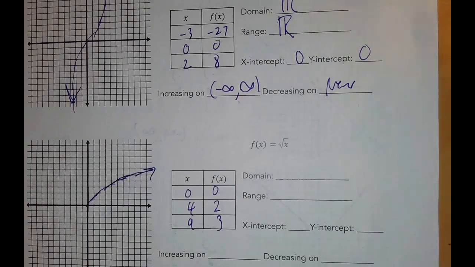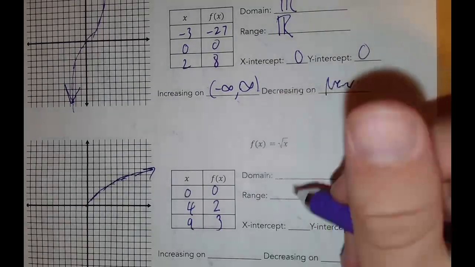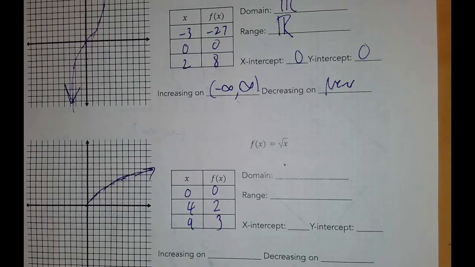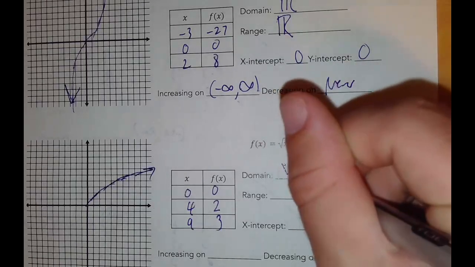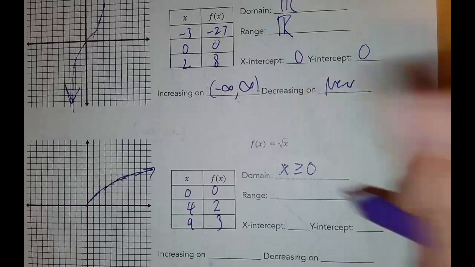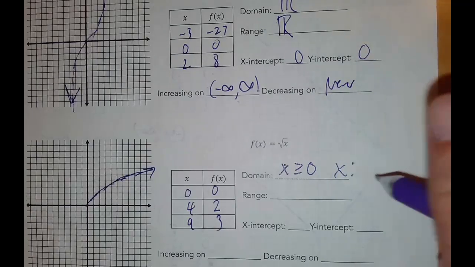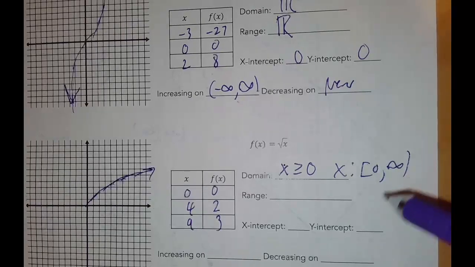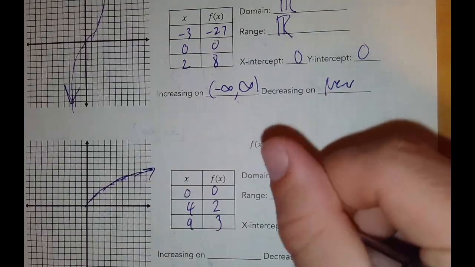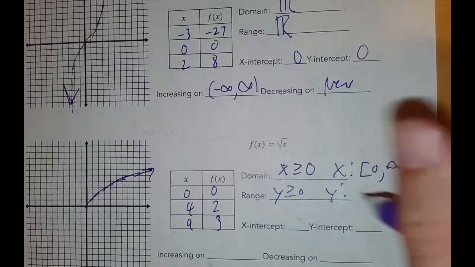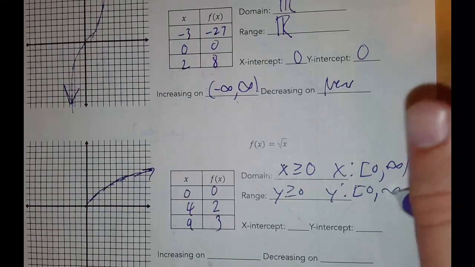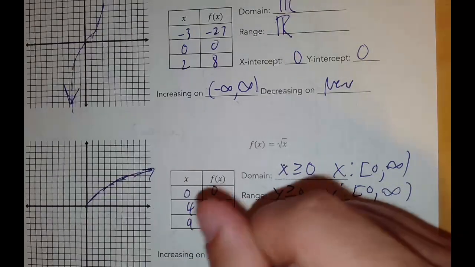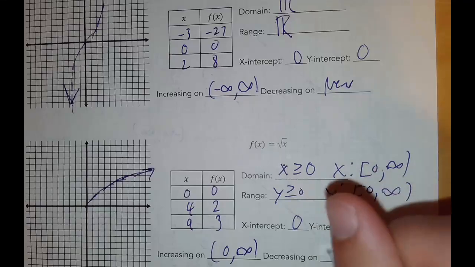The domain, well, it can't be negative, so the domain is x greater than or equal to 0, or x could be from 0 to infinity. Same with the range: y has to be greater than or equal to 0, or from 0 to infinity. The x-intercept is 0, the y-intercept is 0, and it's always increasing from 0 to infinity, never decreasing.